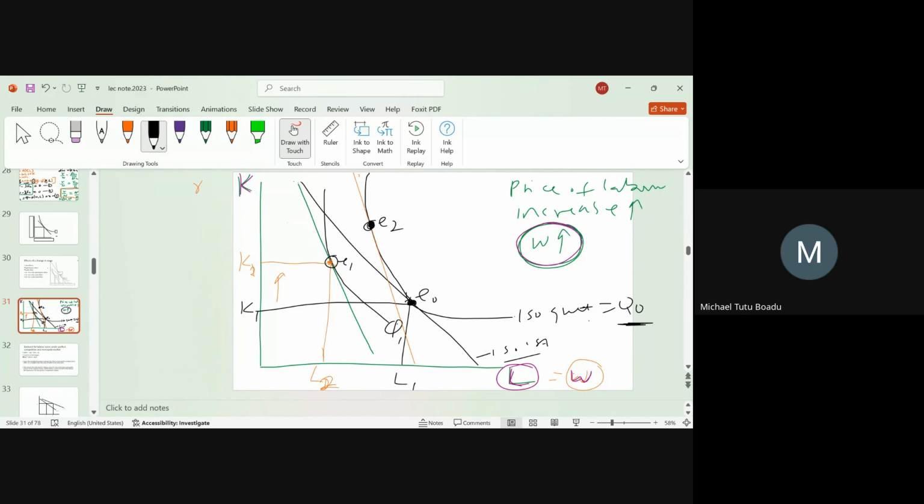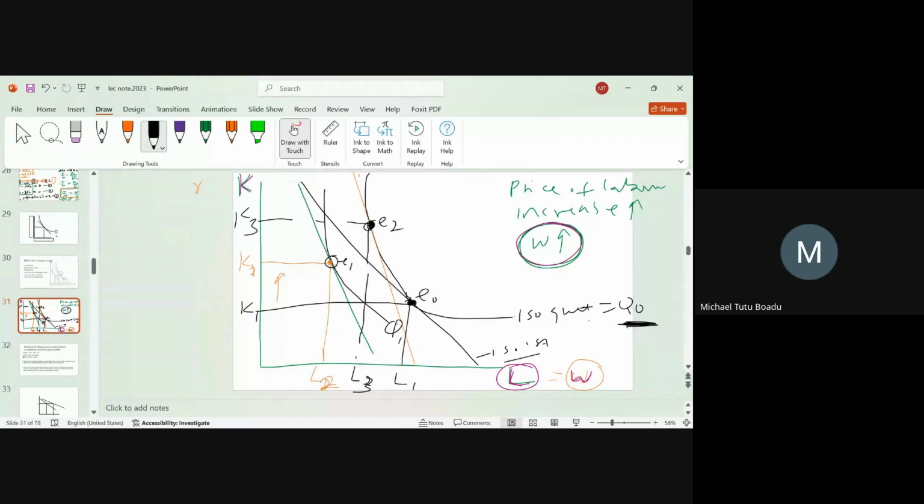So now, instead of the firm reducing labor to L2, if I trace this down, it is now reducing labor to L3 instead of L2. So the magnitude of the decline has been reduced. But that should not reduce the quantity the firm will produce, because it is only substituting labor for capital.